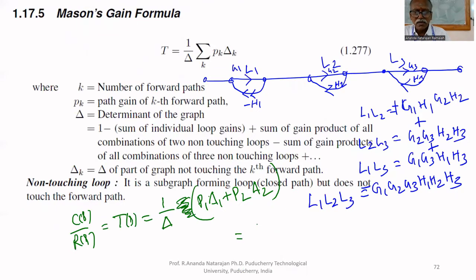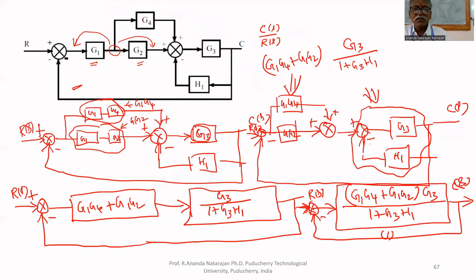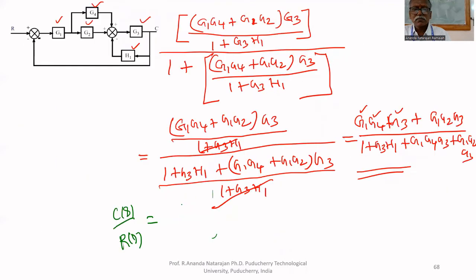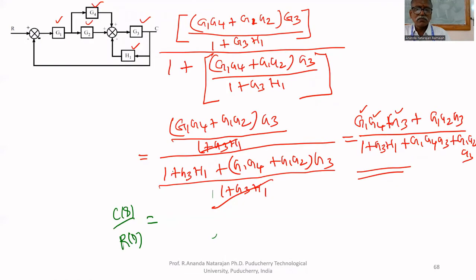We will write it here so that we can compare. C of S upon R of S equals P1 delta 1 plus P2 delta 2 upon delta.